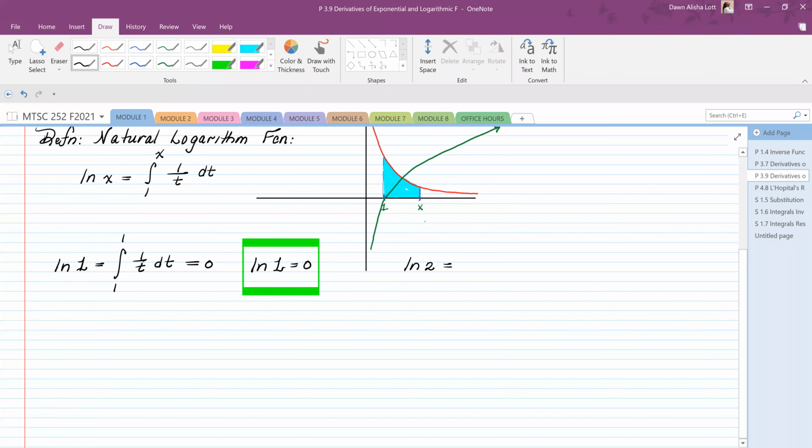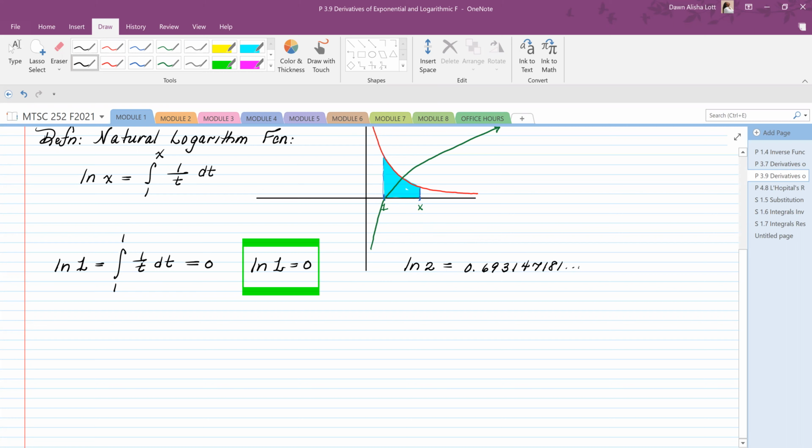Natural log of 2 is 0.693147181, and it keeps going.